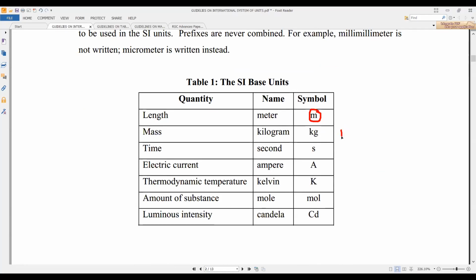Many times we represent kg by capital K and small g, but in technical writing, in scientific writing, we use small k, right? Time, small s is the symbol. Electric current, capital A, capital K, mole, cd.